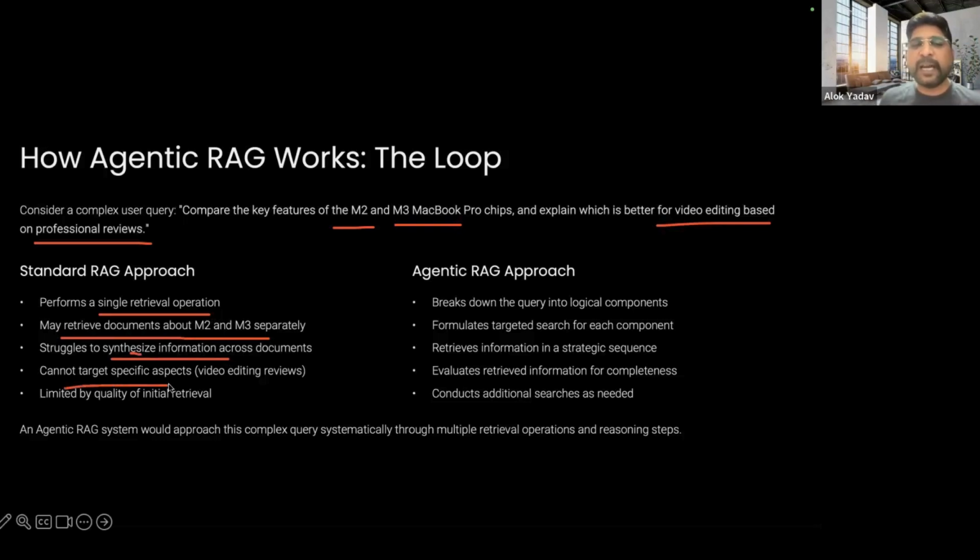So it cannot target a specific aspect of that. This is a limitation that we have. It is also limited to the quality of whatever attempt it made; the first attempt is the only attempt we have in RAG. I'm talking about standard RAG. So whatever data we retrieve the first time, it will try to find everything there.